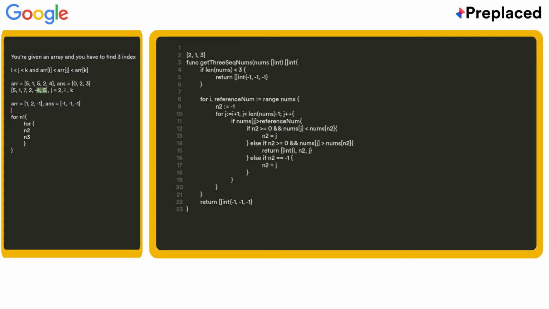Okay. So, if I select this guy here, 7, and if I have two pointers, one to the left and one to the right, and they move towards 7, checking if there is a number smaller than or greater than 7.